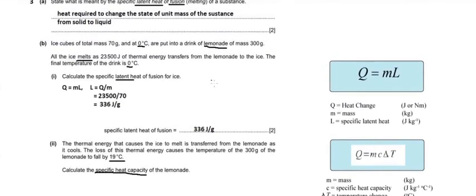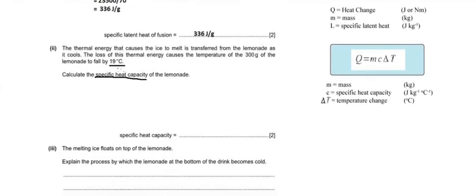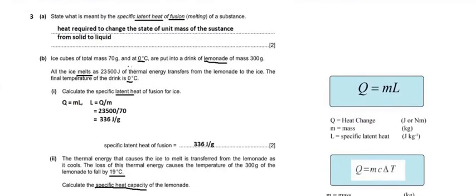The current temperature of the lemonade is 0 degrees Celsius, because the final temperature of the drink is 0 degrees Celsius. That means lemonade would have had the temperature of 19 degrees Celsius before it gave all its energy to the ice, that means before it gave 23,500 joule of energy to the ice.